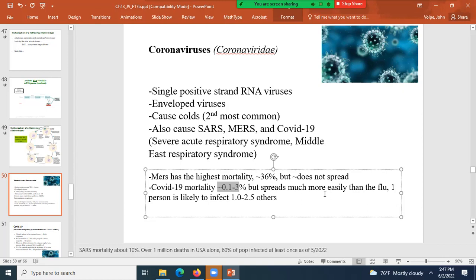And one person is likely to infect between 1 and 2.5 other people, which is why we're having such a hard time controlling it. Once the pandemic started, or the epidemic started, it just spreads from one person to another.